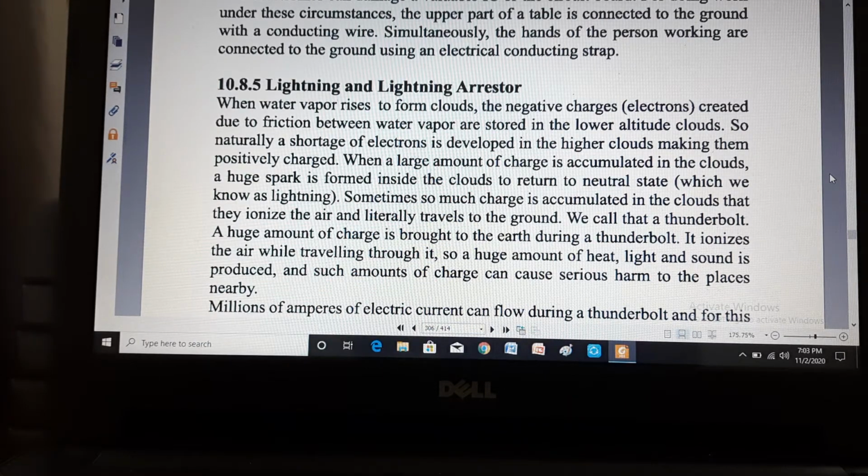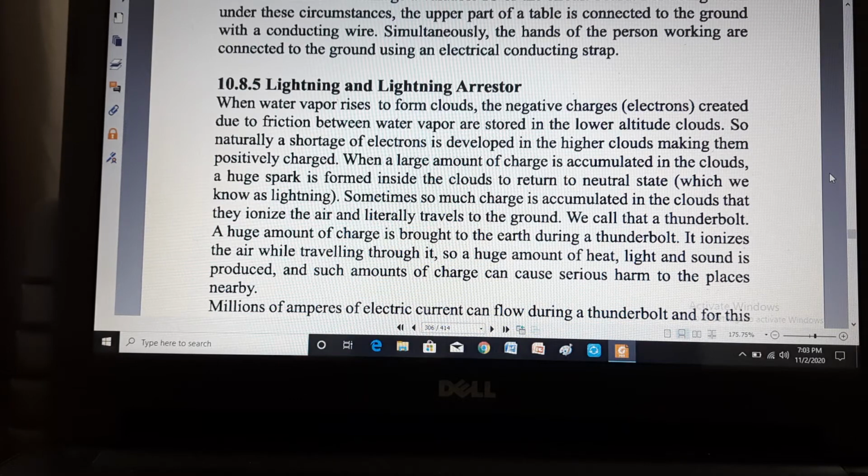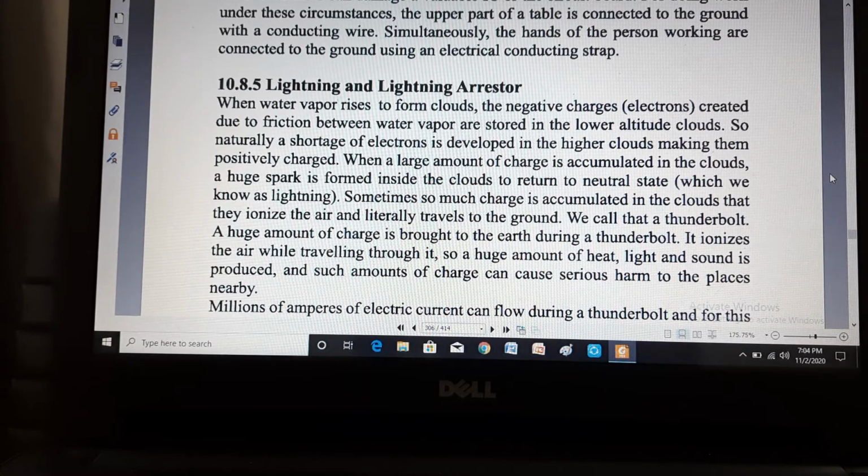When water vapor rises to form clouds, the negative charge created due to friction between water vapor is stored in the lower altitude clouds. So naturally, a shortage of electrons is developed in the higher clouds, making them positively charged.